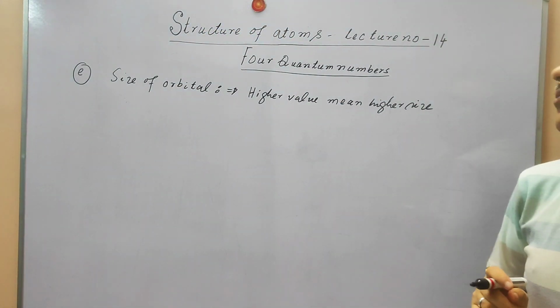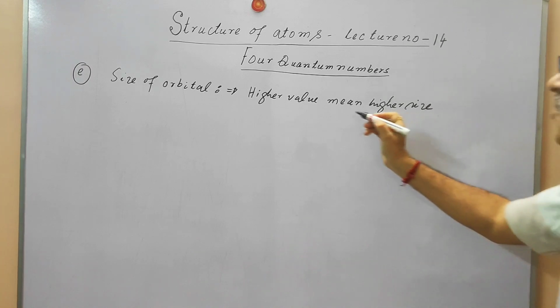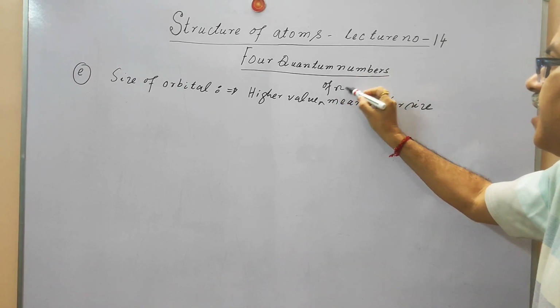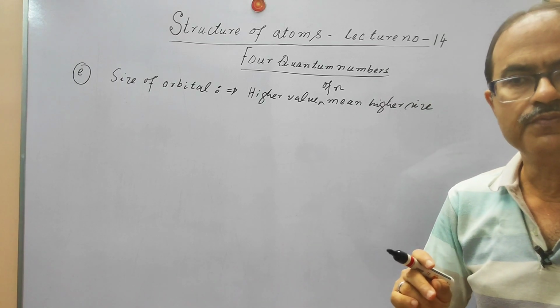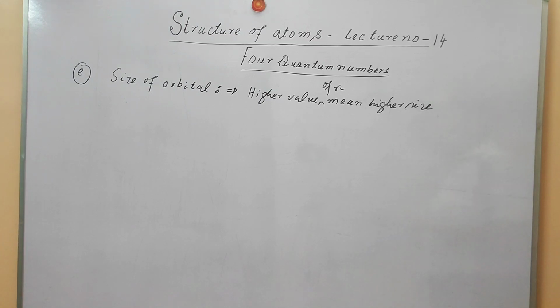Then we get the size of the orbital. Higher the value of n means the higher the size of the orbitals, meaning the electron is farther apart from the nucleus.